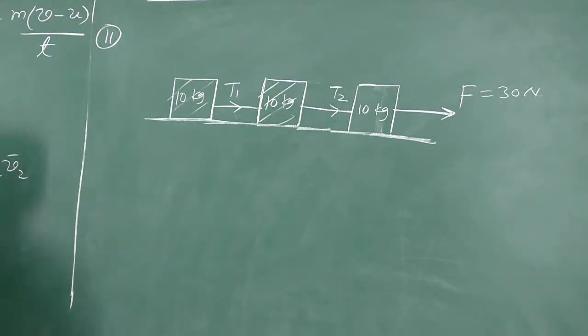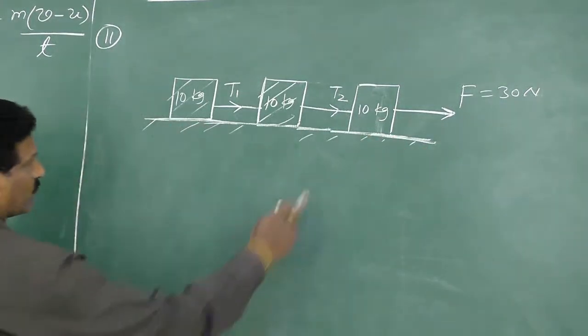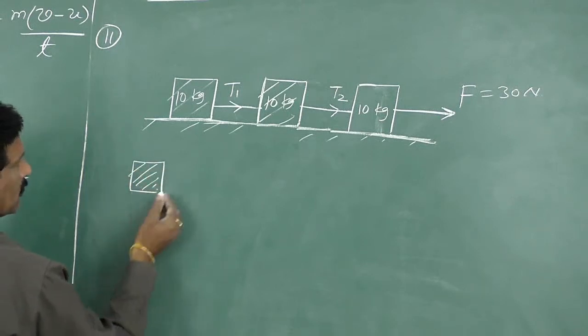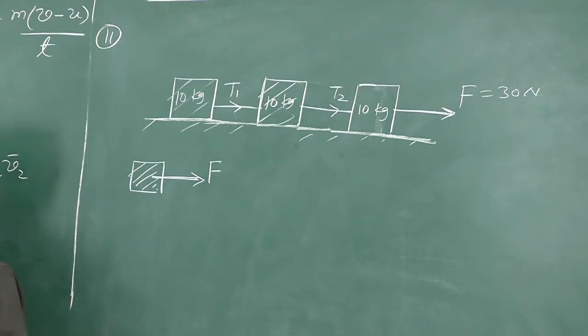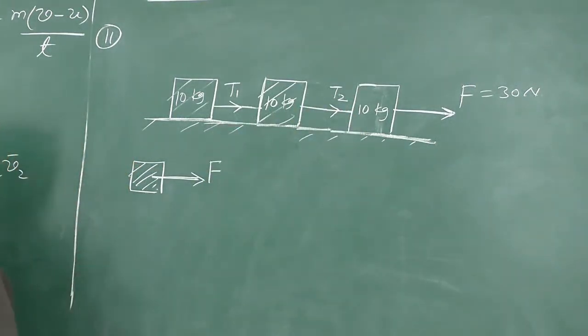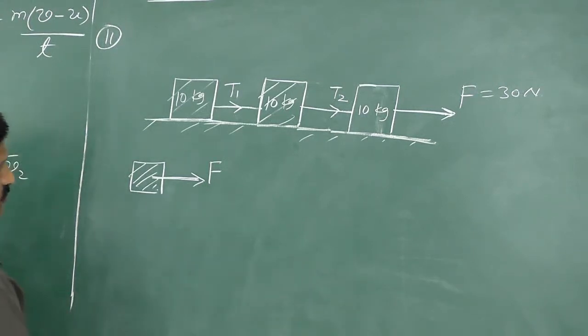So for this you take the free body diagram. This is the force which acts in the forward direction, then tension is produced in the string in the opposite direction, because tension always acts, or is produced, in the string opposite to the external force.